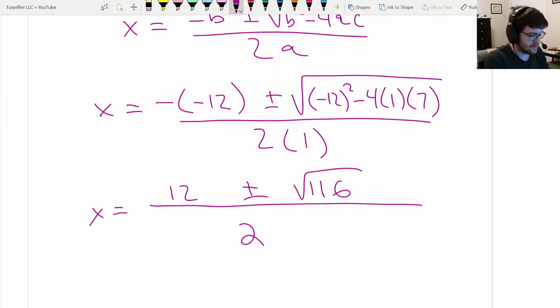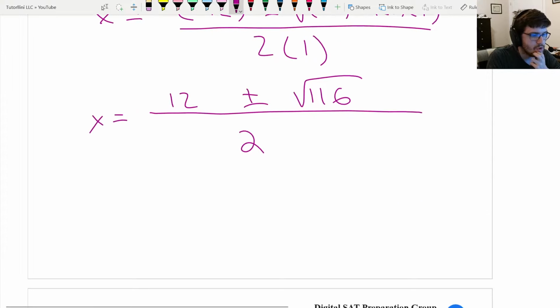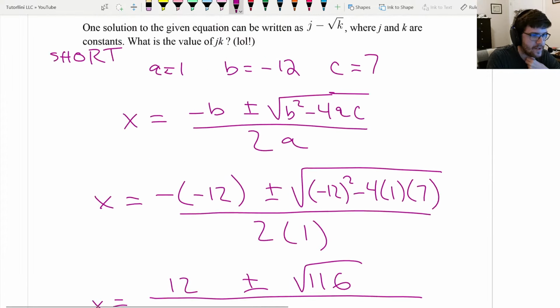Next, if possible, we really want to simplify the radical. So we're going to do that by hand now. I'll just do it off to the side up here.